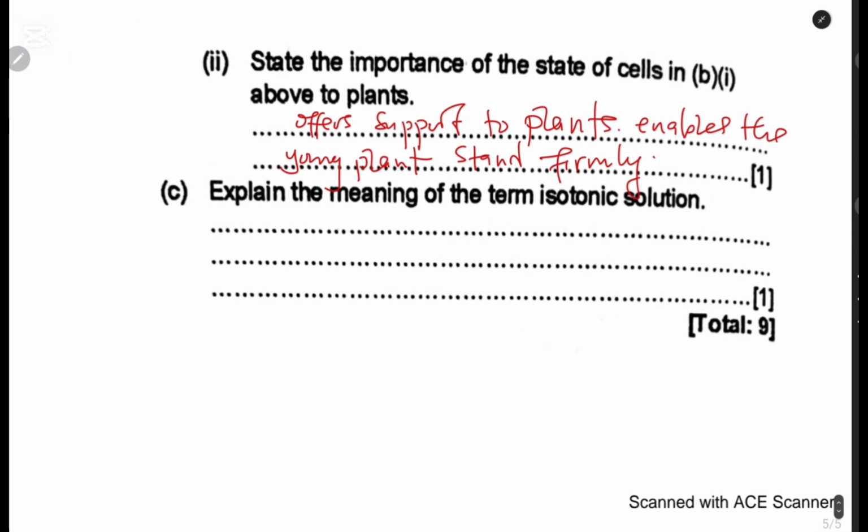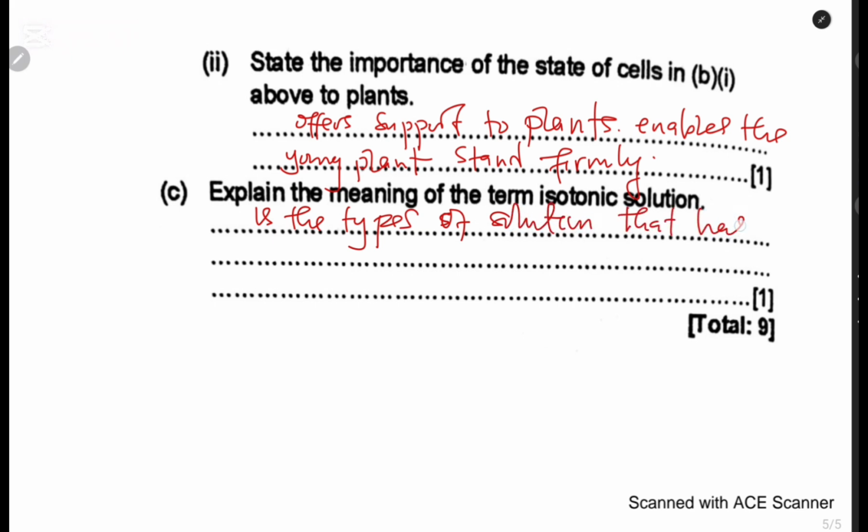Then explain the meaning of the term isotonic solution. So isotonic solution is the type of solution that has the same concentration, iso for equal, same, concentration as that inside the cell.